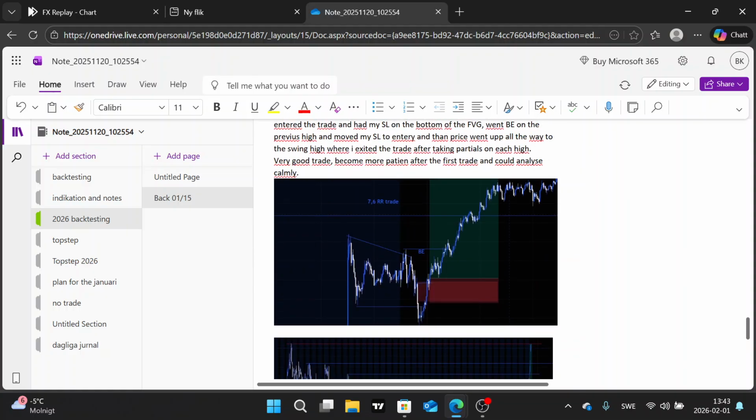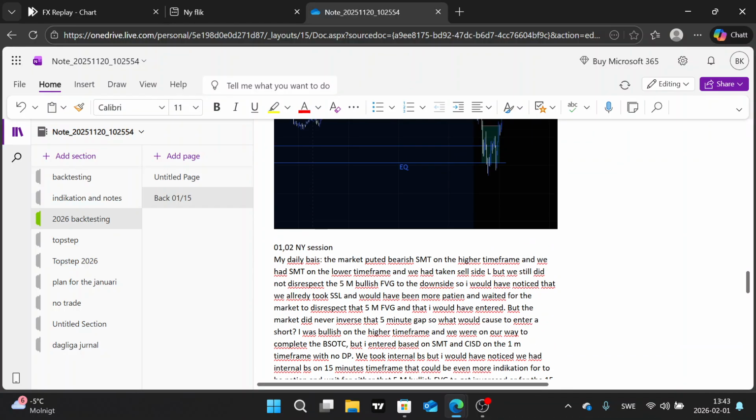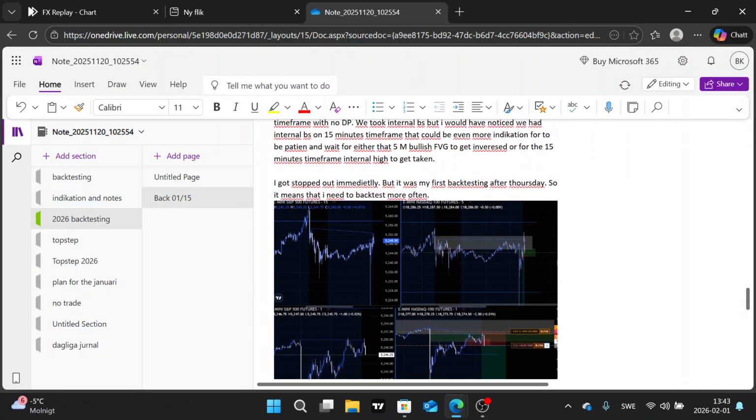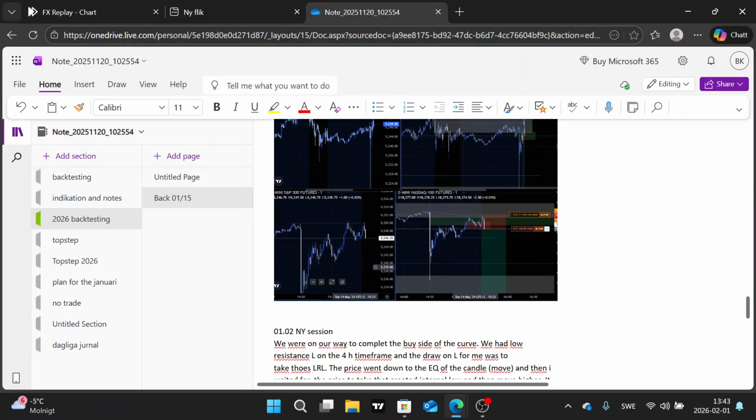Yes, here we go. 2 trades. One stop loss where I had a completely wrong bias, because I missed that we took sell side earlier this week, this candle downside.